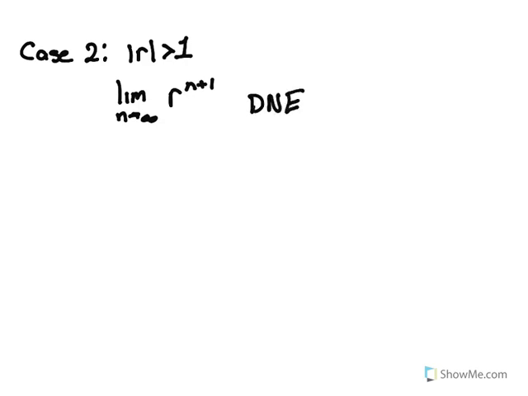Now case 2: we consider when the absolute value of r is strictly greater than 1. In this case, the limit as n goes to infinity of r to the n plus 1 does not exist. It either goes out to infinity or oscillates between minus infinity and infinity, depending on if r is positive or negative.